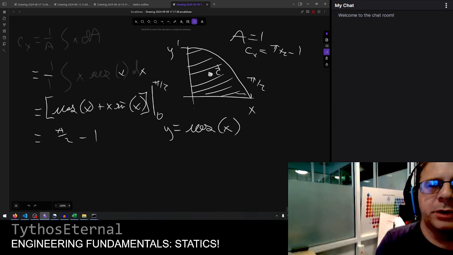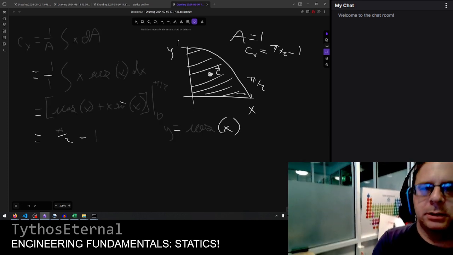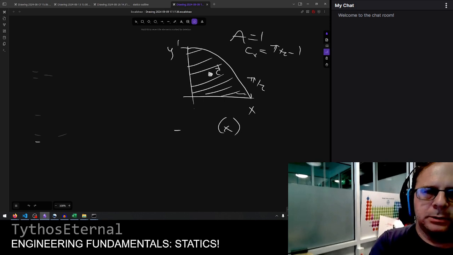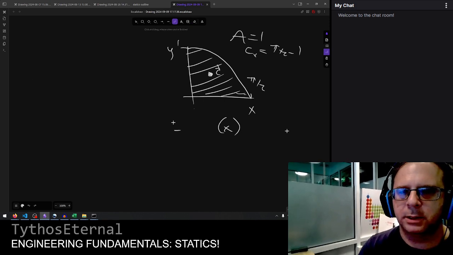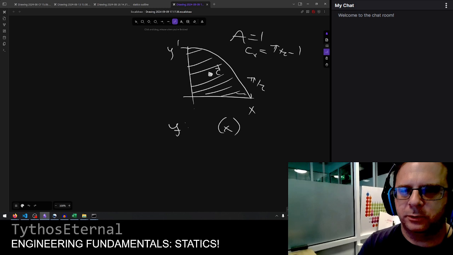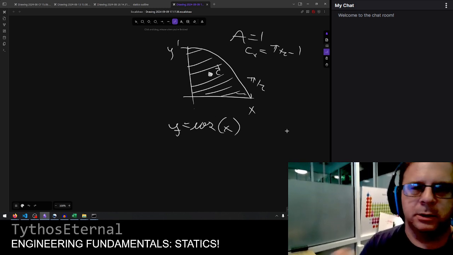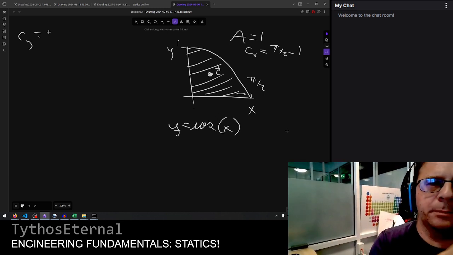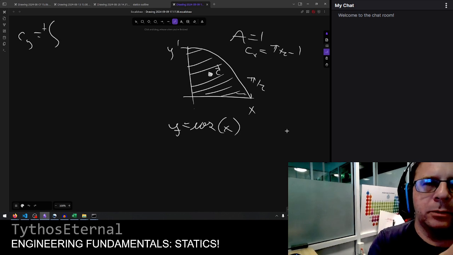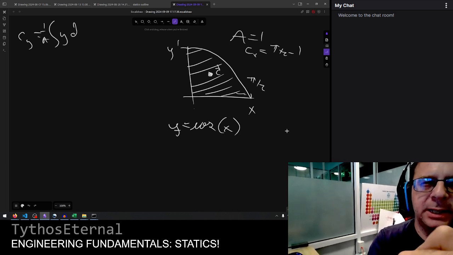And now let's do the fun one. Right, so cy has the same form: 1 over A, integral of y dA.